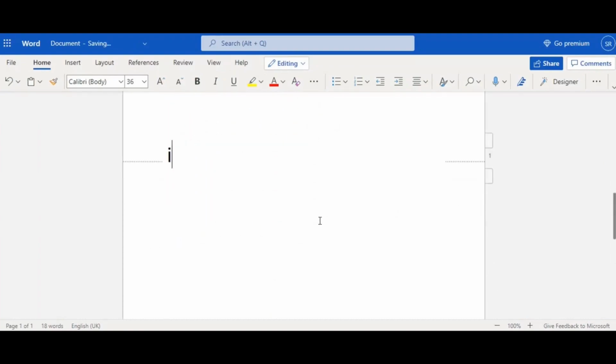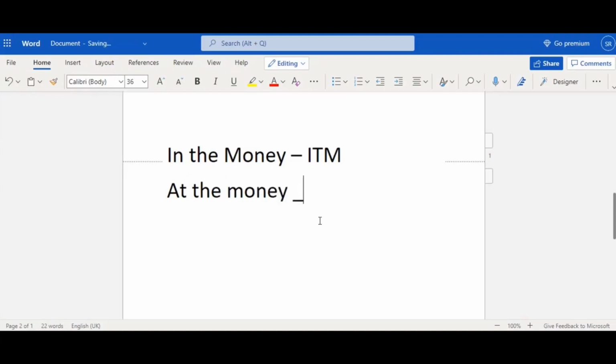We'll understand everything. ITM, we call it in the money. So we take the initials and call it ITM options. Then we have at the money options, which we call ATM options.